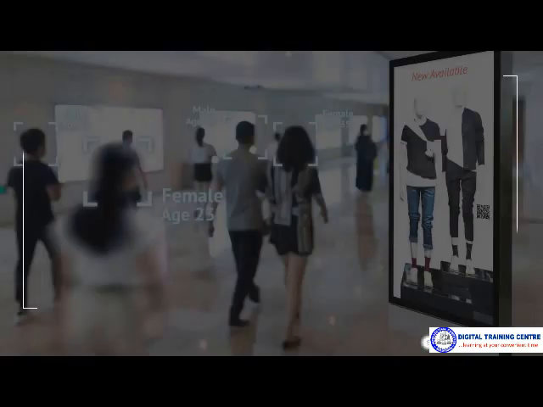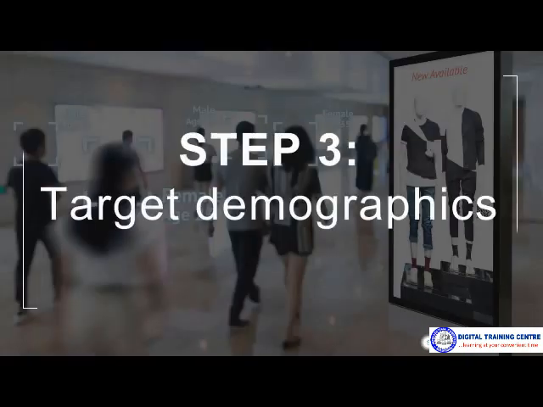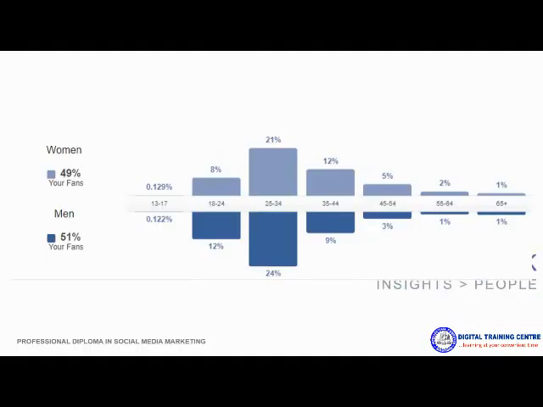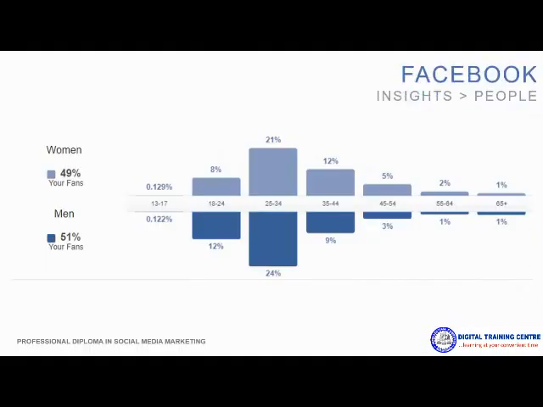Once we've got that all filled in, as well as the actual metrics that they are currently standing, we then want to add in our target demographics, step 3. You should have a pretty good idea of who you are targeting on each channel based on the buyer personas that we created and the platform demographics that we can research online. But we can also always go back to our individual channels to make sure. So we can just pop onto our Facebook Insights and we look at people.